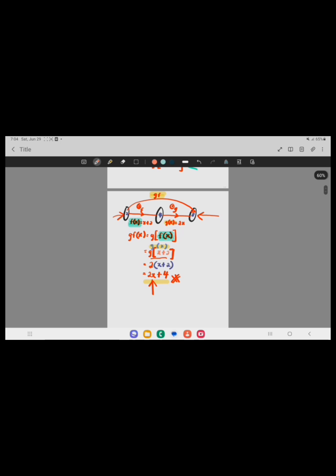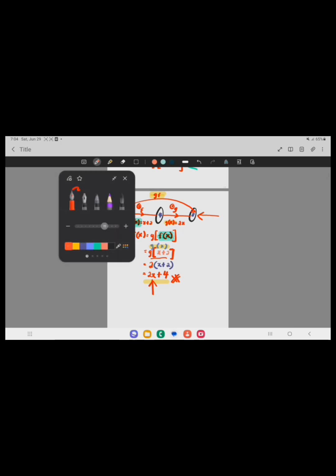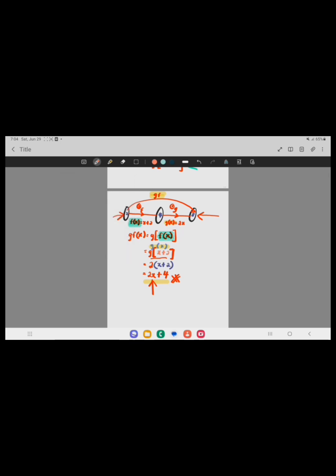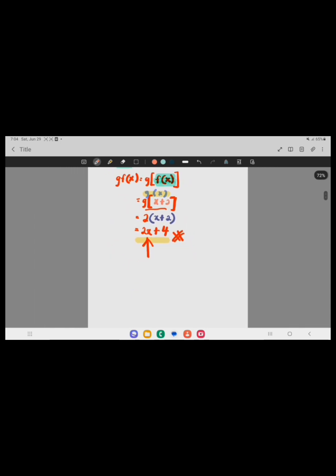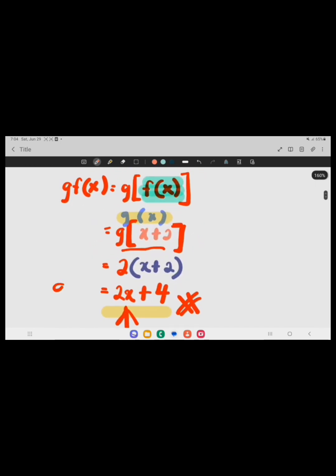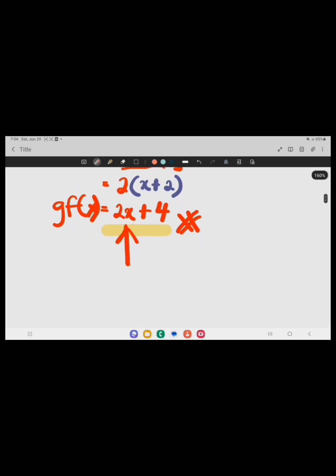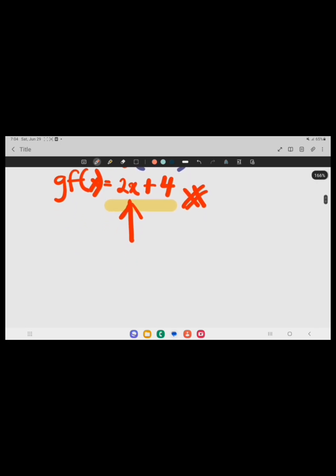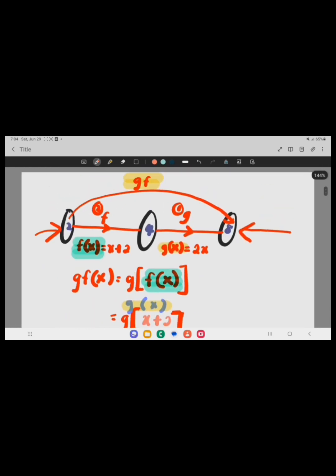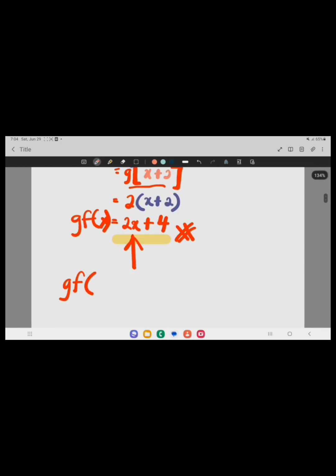So now let me substitute the x with 2. Now we know that this is your gf(x). So to prove to you that this method is really effective, I'm just going to substitute the x with this 2.